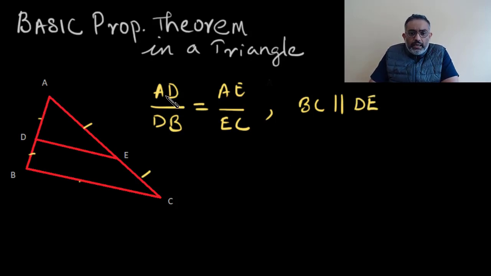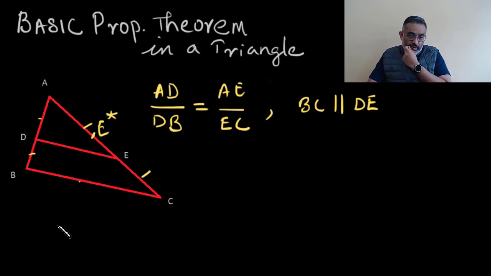Now let's imagine a point E star, any point on this line AC, away from E. What we are going to try to prove is that E star and E are always going to be the same. And that's how we know that they are parallel. Now, the fundamental given is that this point E is cutting in proportion to how AD and DB are working.